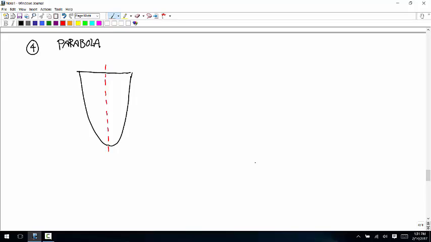And so let's call this distance h. And this distance, oh no, it's actually half of that distance, we'll call a. And the centroid has to be along that line of symmetry. So we're just looking for y bar, this distance.